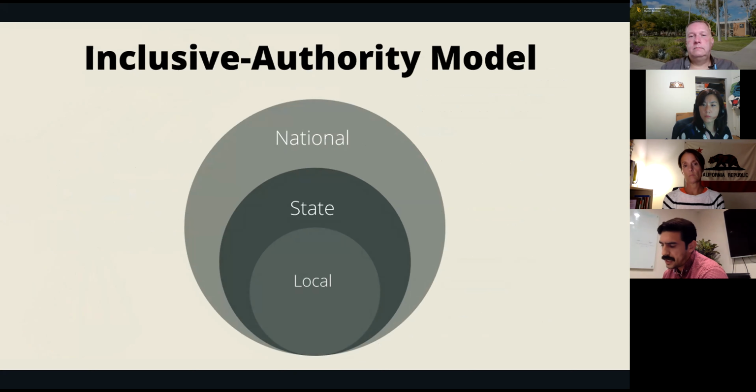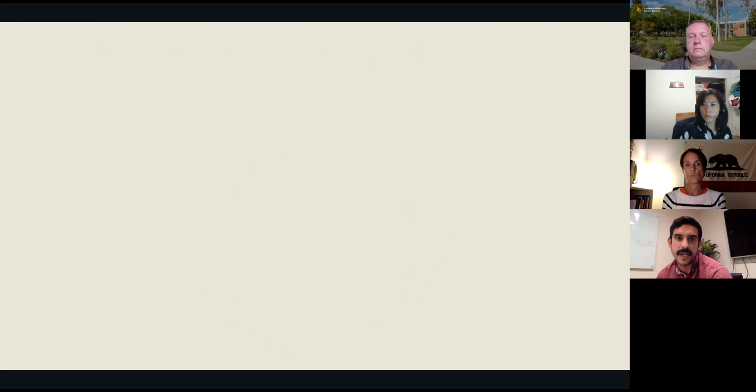Suppose the national government wanted to expand its power, there are two different strategies possible. One is to reduce the powers of either the states or the localities, and the other is to enlarge the national government circle without enlarging the state or the local. This is what they term enlarging the pie.